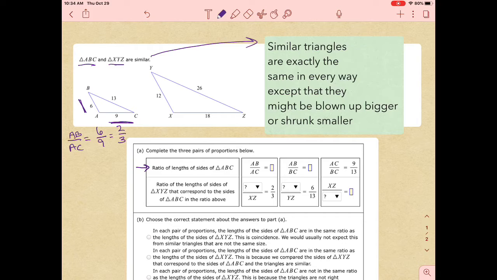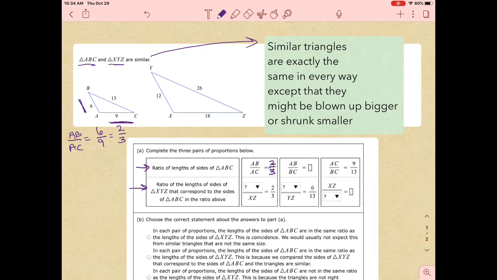And we can write that in here, 2 over 3. And then just below that, it's maybe just as easy to talk about these up and down a little bit. So the ratio of the lengths of sides of triangle XYZ that correspond to the sides of triangle ABC in the ratio above.